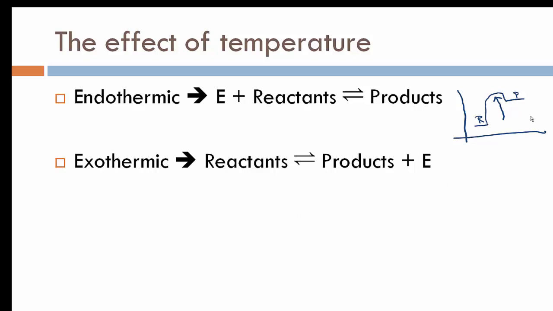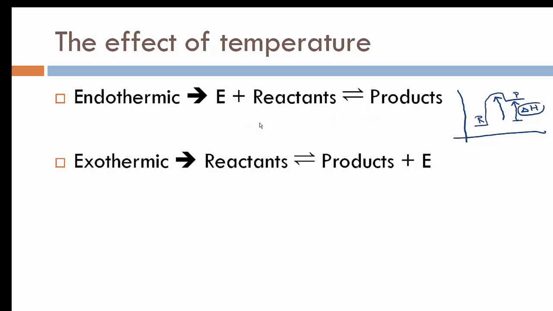But we think of, well, delta H, this is delta H. In an endothermic reaction, this energy is a necessary component in order to produce the product. So if we add energy to an endothermic reaction, it will cause the reaction to produce more products because there's literally more energy to produce the product.